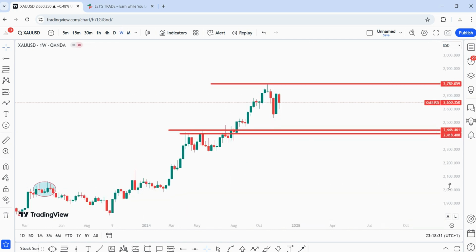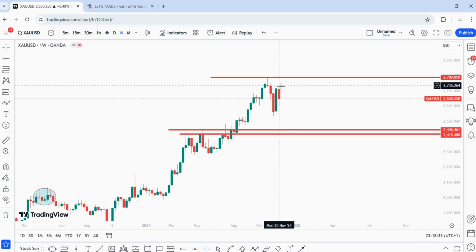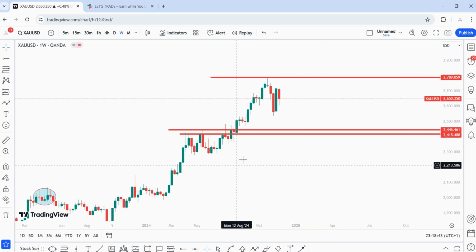But if we go to the weekly time frame also, to be honest, last week I was expecting price to come up to 2,789.059. That didn't happen. Are we going to see that next week? Well, I don't know, but with the stall we're experiencing here, I think price may most likely just continue sideways for a little bit.